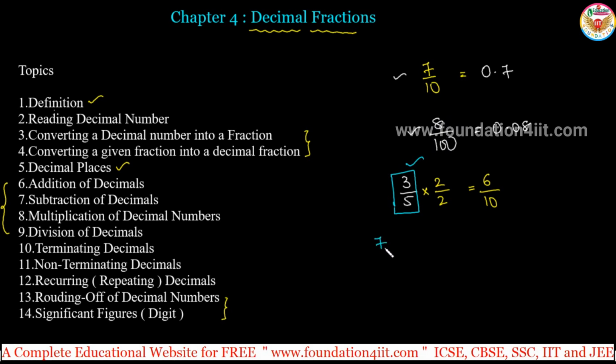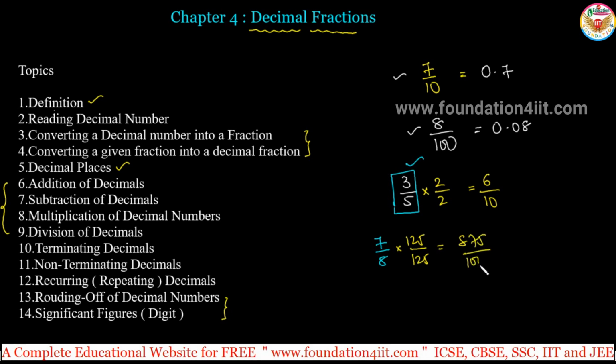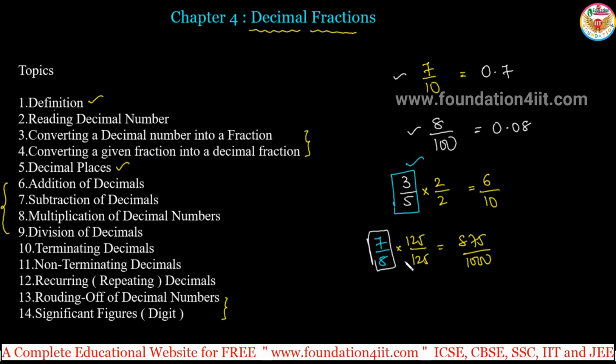Let us take 7 by 8. Now 8 into what number will give a power of 10? 8 into 125. The same number should be multiplied in the numerator and denominator. 7 into 125 is 875, and the denominator is 1000. So we can say 7 by 8 is a decimal fraction.